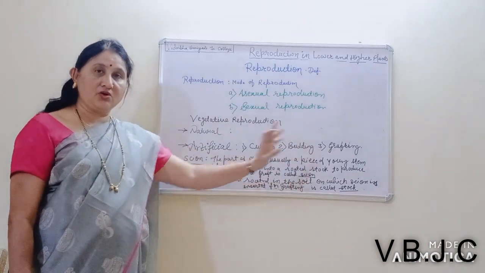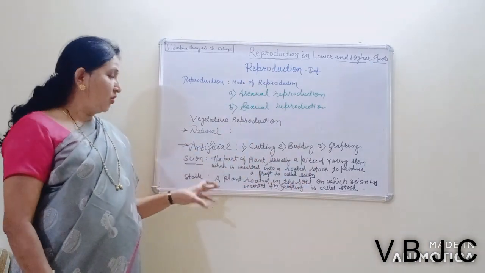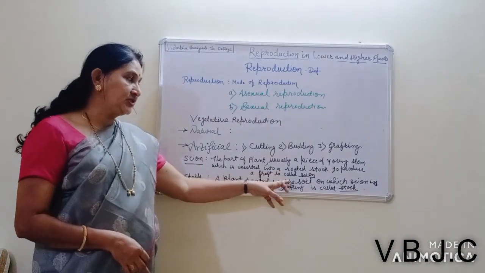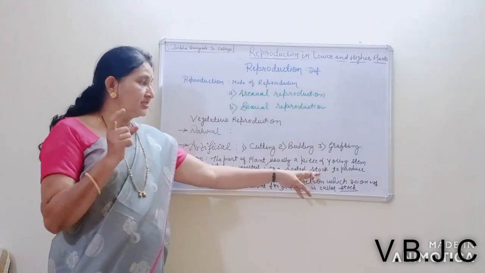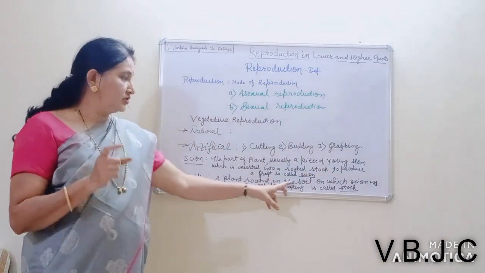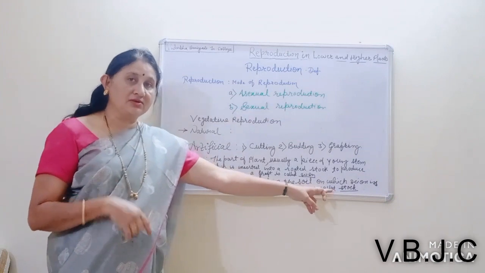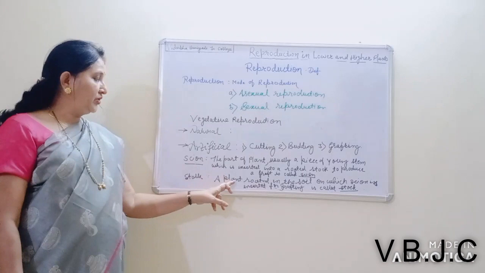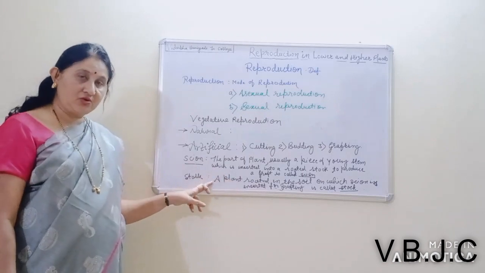Stalk means only the rooted plant. The grafted part is known as the scion, and the rooted plant is known as the stalk.